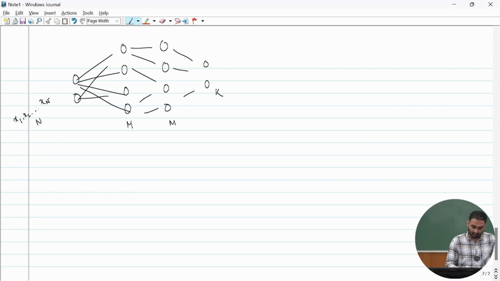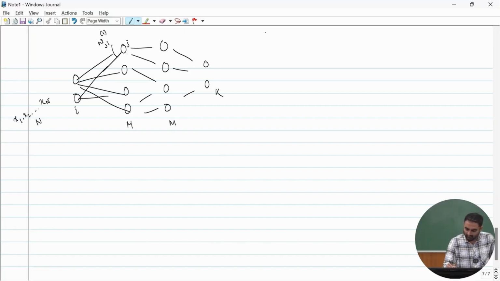Okay, and the convention that we followed is that let's say the connection from ith input to jth neuron, the corresponding weight will be W of ji, layer 1.